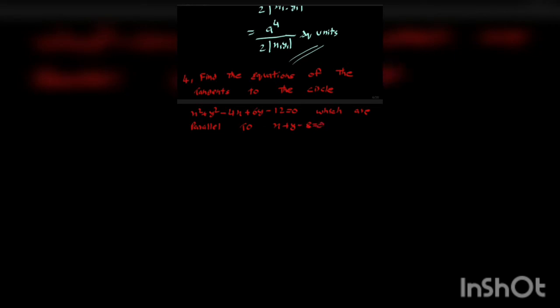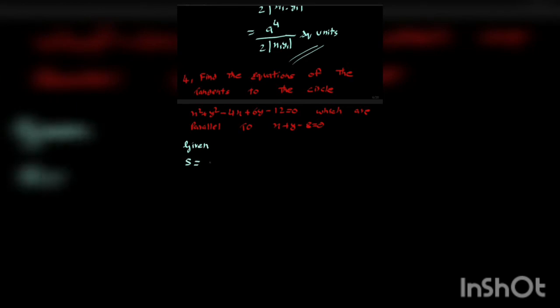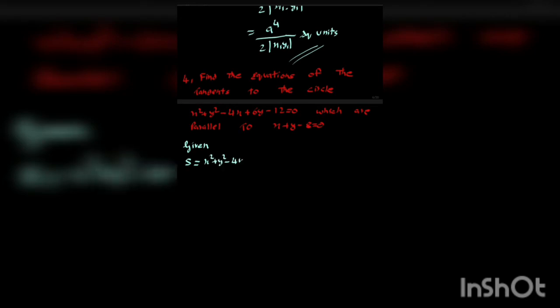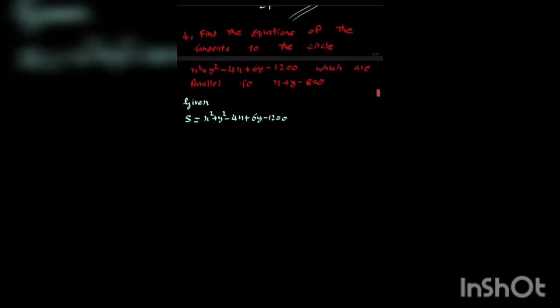So the given question is, find the equation of tangent to the circle x square plus y square minus 4x plus 6y minus 12 equal to 0, which are parallel to x plus y minus 8 equal to 0. So given circle is x square plus y square minus 4x plus 6y minus 12 equal to 0.